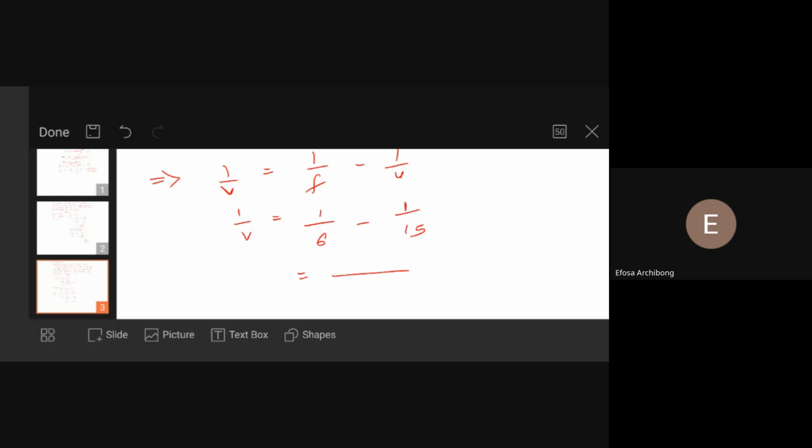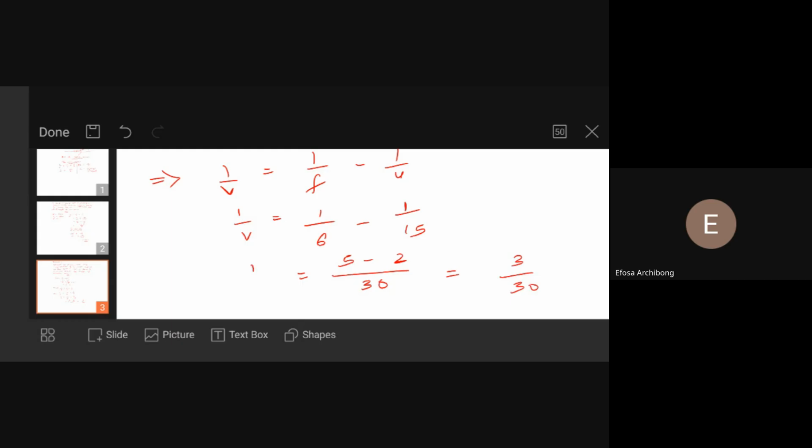Their LCM is going to be 30. 30 divided by 6 gives me 5, and 5 multiplied by 1 is 5. Put my negative sign. 30 divided by 15 gives me 2, and 2 times 1 is 2. So 5 minus 2 becomes 3 all over 30.